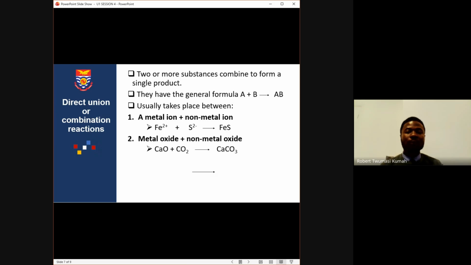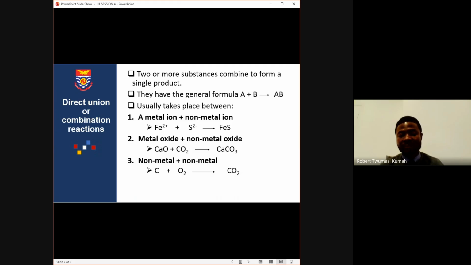It becomes simple if you know it. If you know that you're going to form one product, then obviously the calcium will be there, the carbon will be there, and the 3 oxygen atoms will be there. So proceeding to balancing will be easy. And I think in this case, it's even already balanced. There is one calcium, one carbon, 3 oxygen. 3 oxygens is balanced.